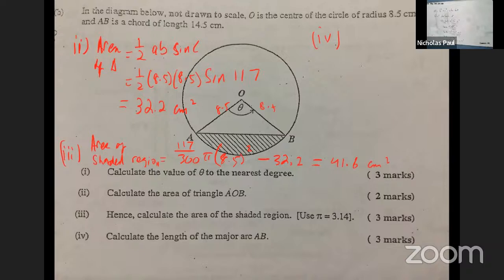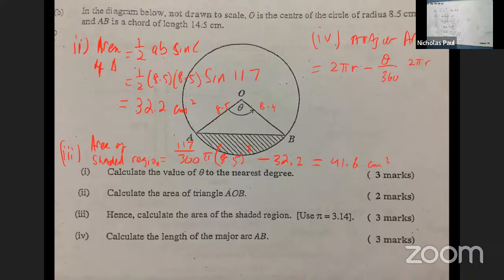Minus the. Okay, tell the man the whole thing. How do you find the circumference? Yeah, how do you find the circumference, Michelle? So you want to find the major arc AB. So that's 2 minus theta over 360 by 2 pi r.